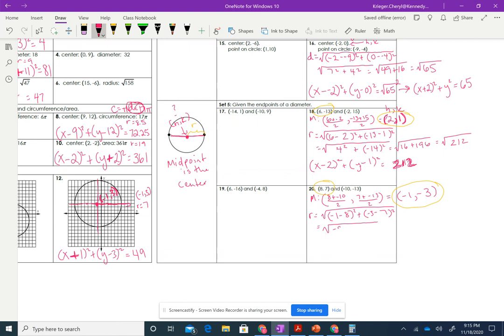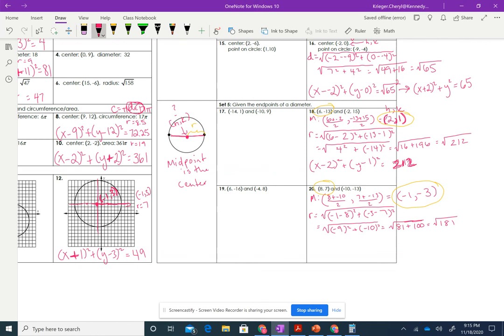Negative 9 squared plus negative 10 squared. 81 and 100. I'll make my square root longer. So the square root of 181.